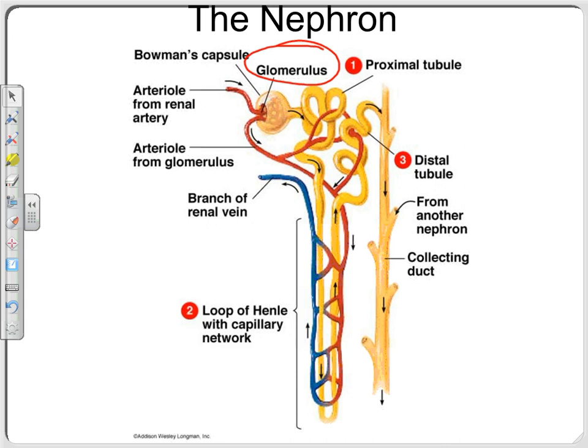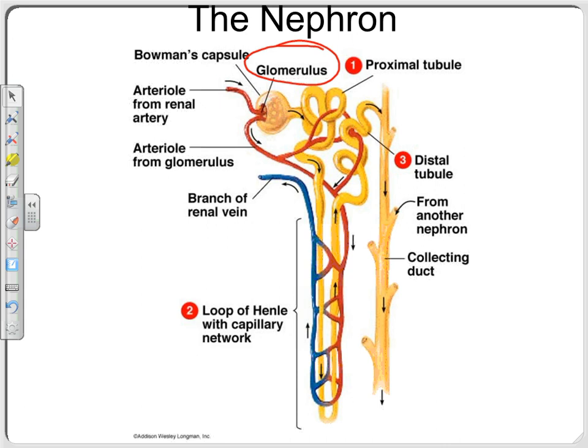But the nutrients, things like glucose, amino acids, potassium, sodium, those things get reabsorbed by active transport, meaning they have to be what? Be pumped, okay? There are little protein pumps, carrier proteins inside this tube that will grab onto those things, glucose, amino acids, potassium ions, and pump them from the tubule back into the blood.